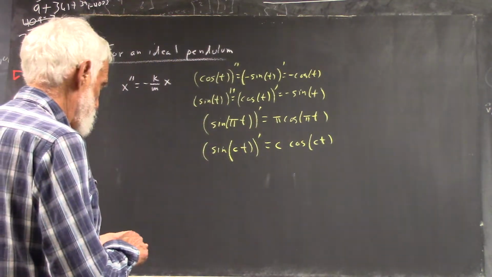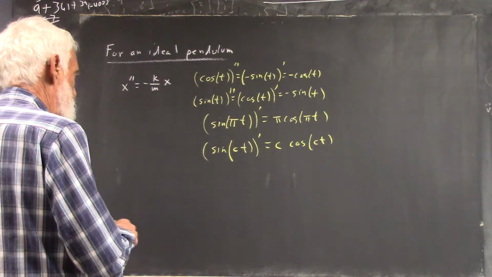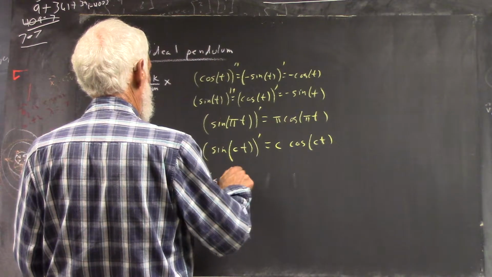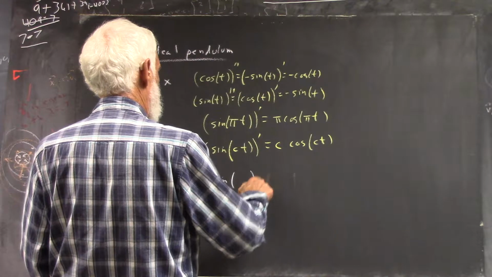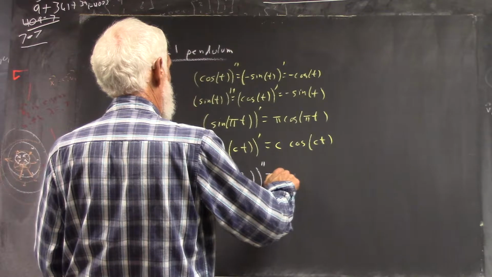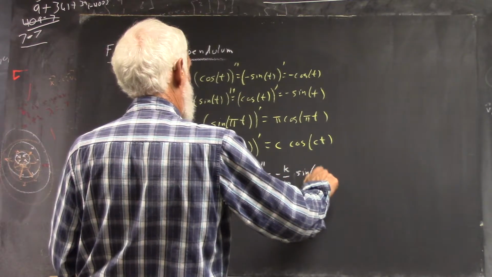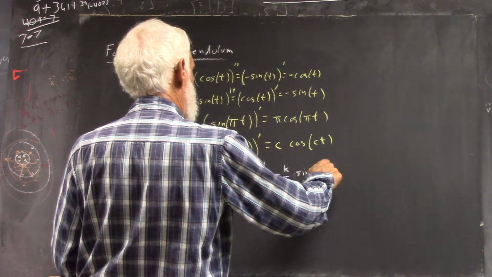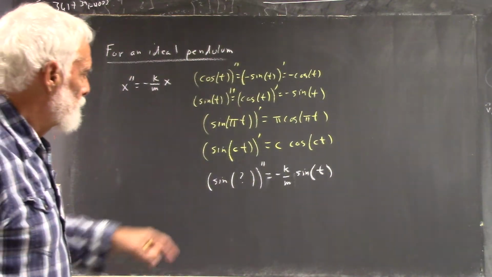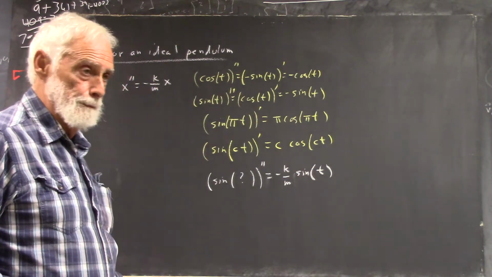Okay, so anyhow, we have that. Our question now is, what would you take two derivatives of to get negative k over m times the sine of t?